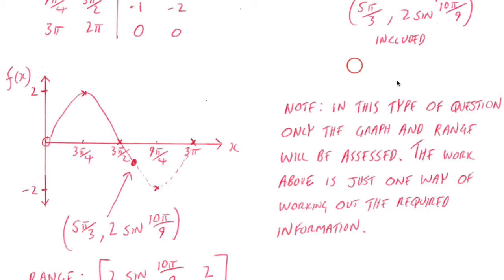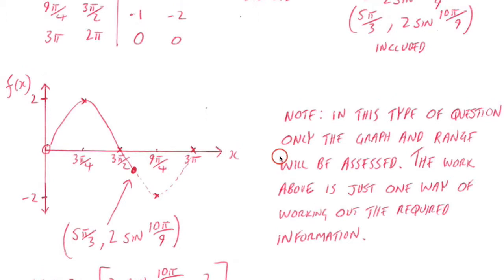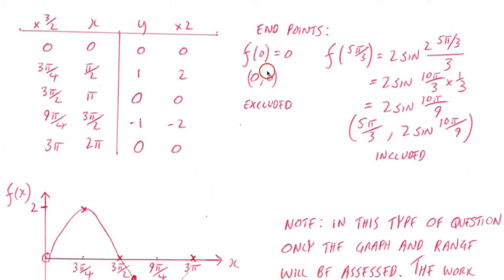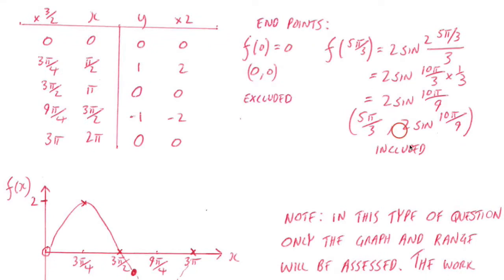A really big point here, guys, in this type of question, it's not really critical for you to show all the workings that I have. What you will be graded on or judged on is how well you've drawn this graph and that you've shown the endpoints. It may be a good idea to show the workings to calculate the endpoints, but at no stage will you be assessed on how well you've set up a table and whether or not you've written down the transformations.